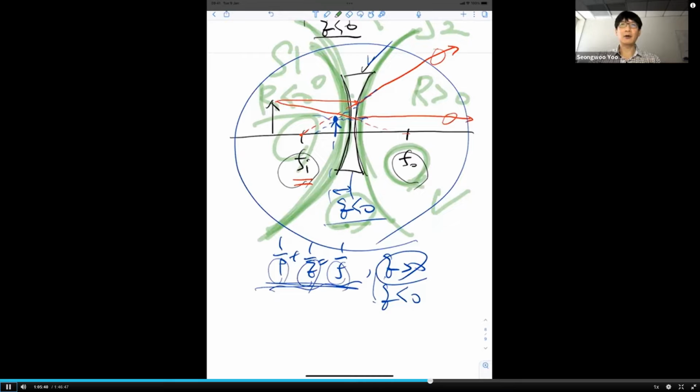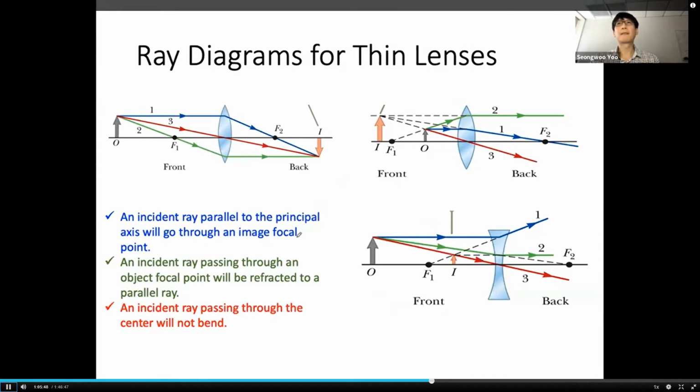Now I think we can go back to this lecture note. So I just wanted to show you how to construct those ray diagrams using those 3 useful rays. When it comes to this diverging lens, please make sure that your focal point definitions are swapped. It's opposite to the converging lens.